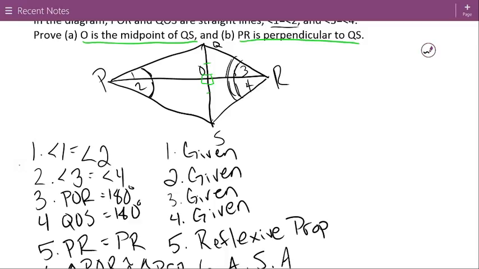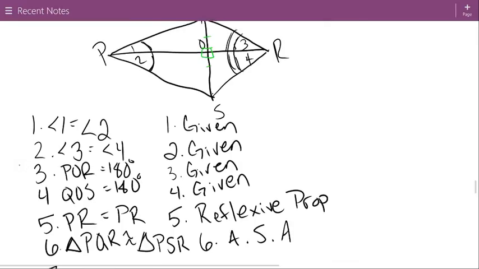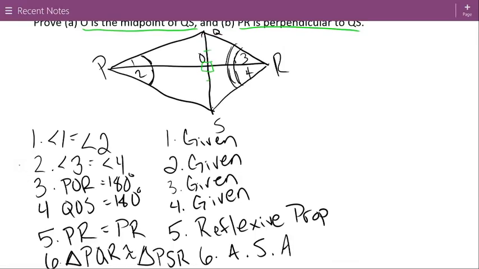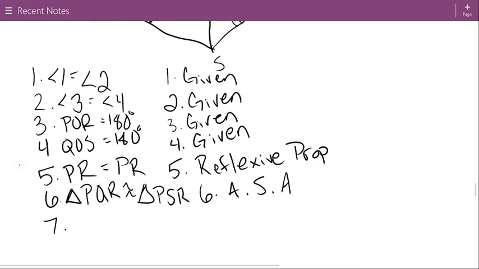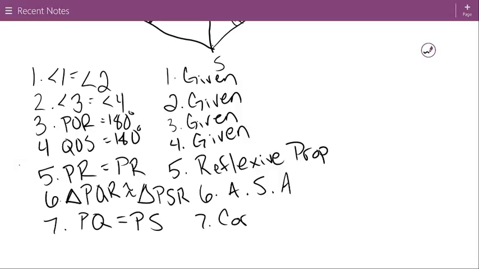So now we again need that little bit of extra information, but PQ and PS were corresponding parts of those bigger triangles. So PQ is equal to PS because they're corresponding parts.